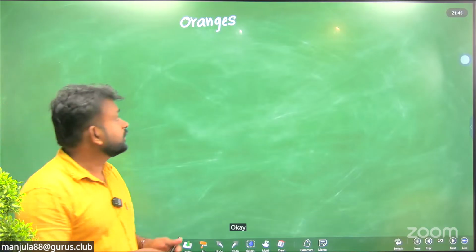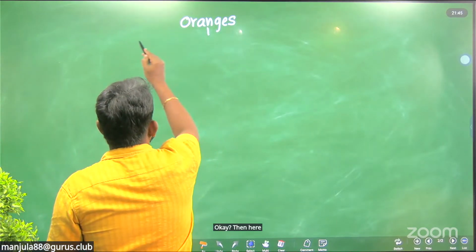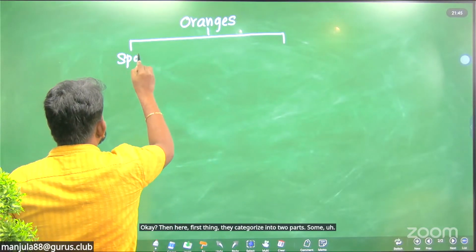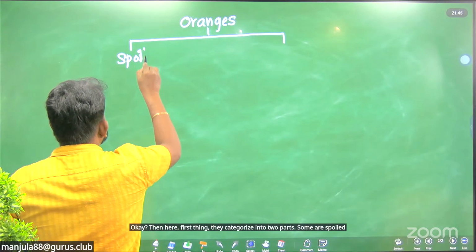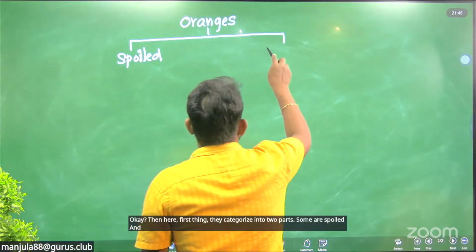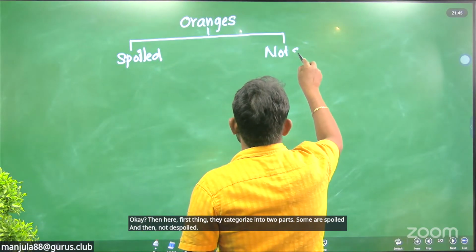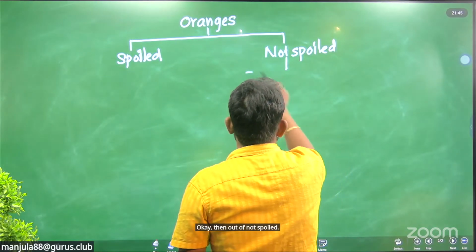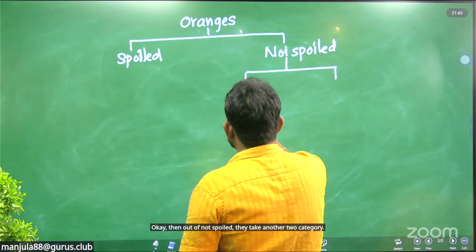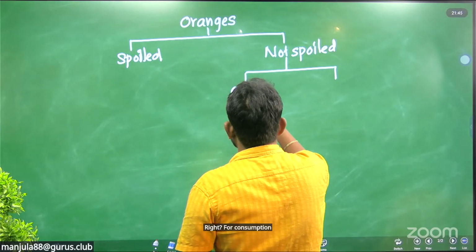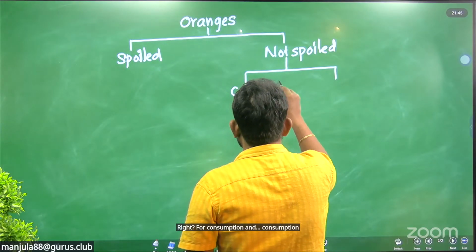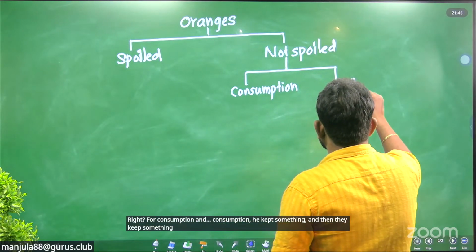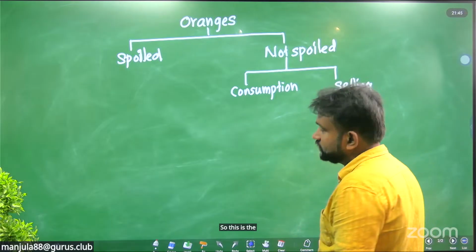First, they categorize into two parts: spoiled and not spoiled. Then out of not spoiled, they take two more categories: for consumption, he kept something, and something for selling. So this is the fraction chart.